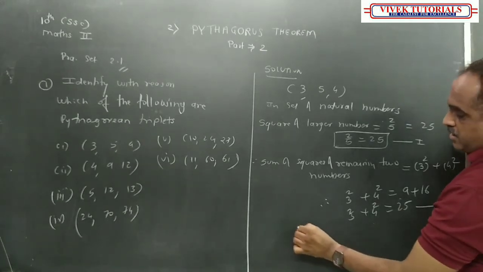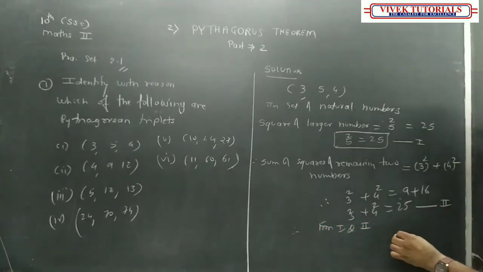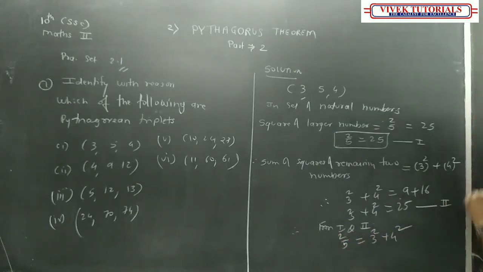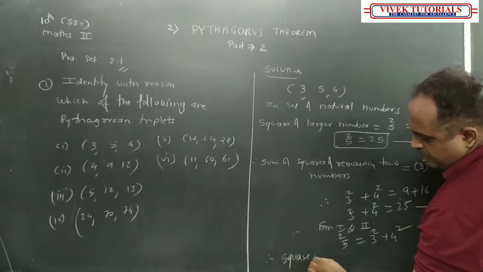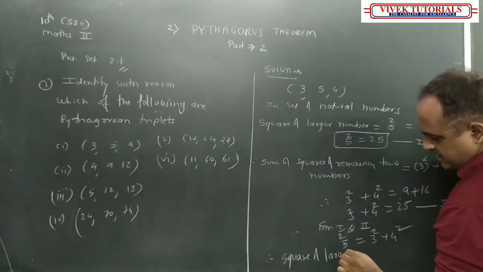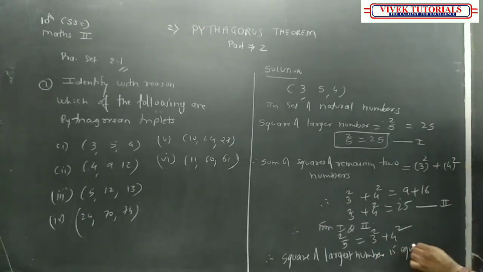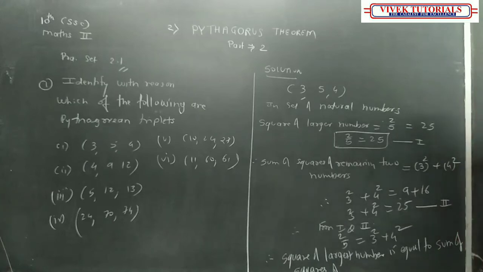Therefore, what I can write from 1 and 2, 5 square is equal to 3 square plus 4 square. Therefore, square of larger number or largest number is equal to sum of squares of remaining two numbers.